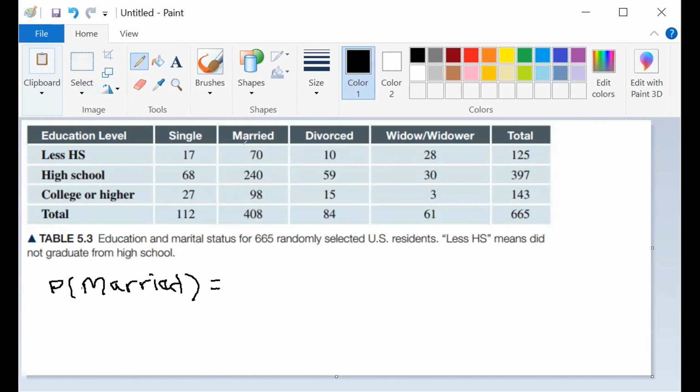They have to be in the married column and the college education or higher column. So that's just going to be that 98 right there. And how many people are in the sample space? 665. Okay, so there's a couple of examples with "and".